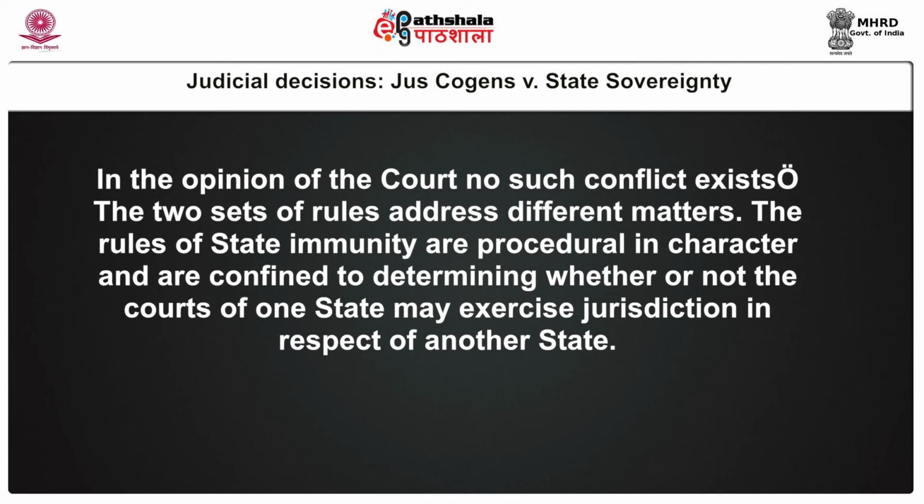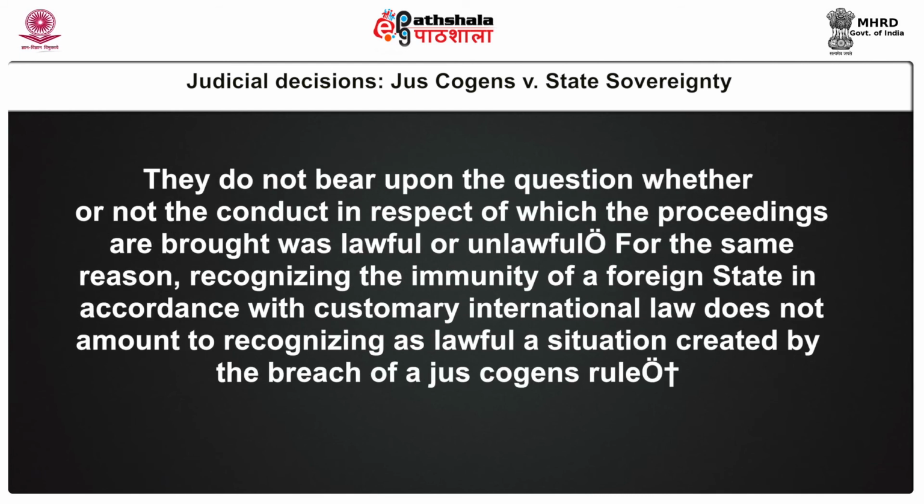The two sets of rules address different matters. The rules of state immunity are procedural in character and are confined to determining whether or not the courts of one state may exercise jurisdiction in respect of another state. They do not bear upon the question whether or not the conduct in respect of which the proceedings are brought was lawful or unlawful.